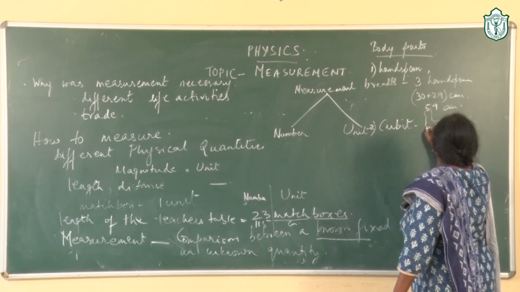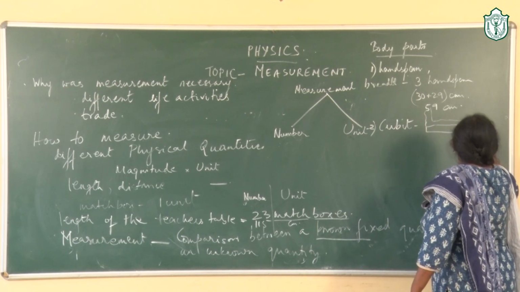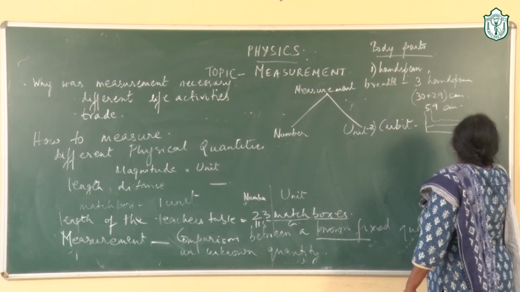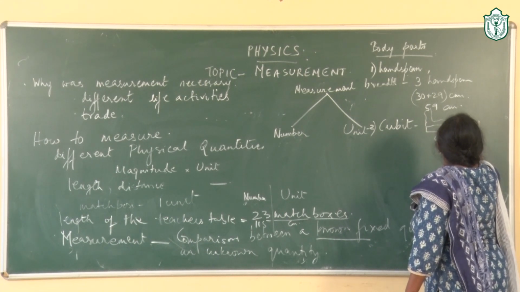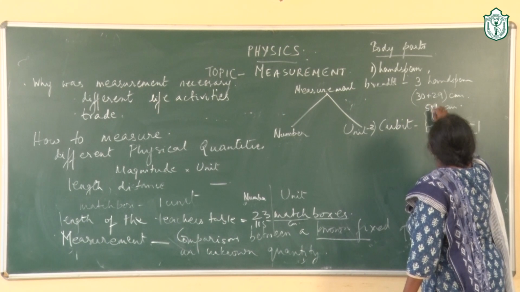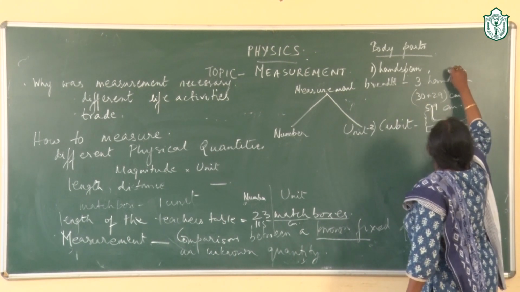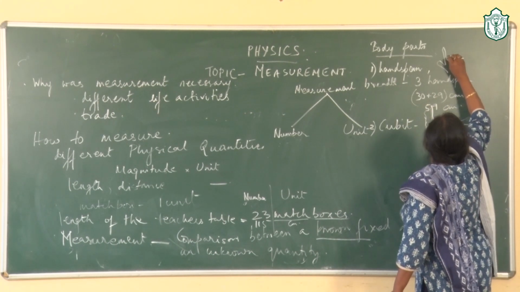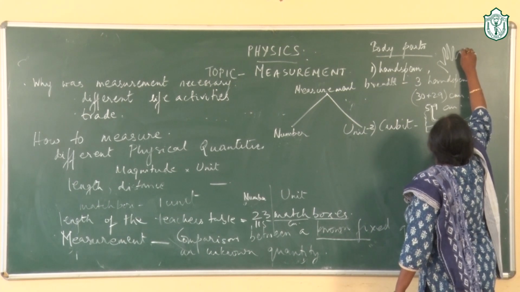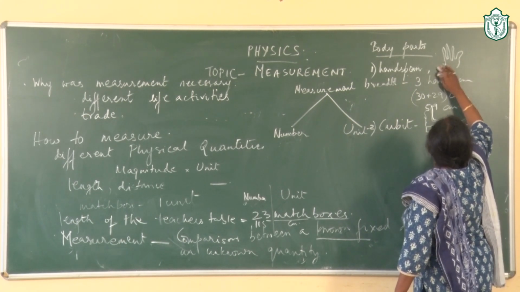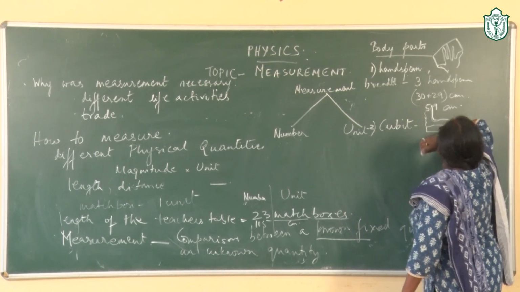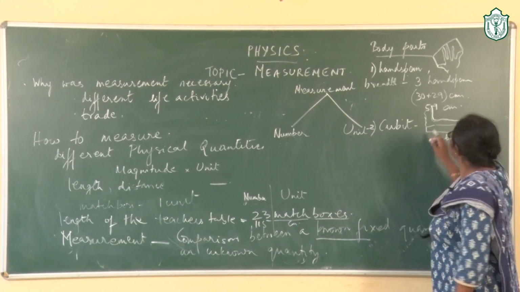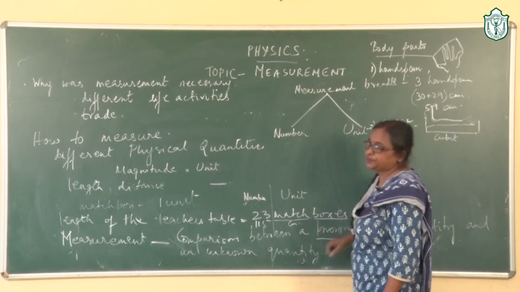This is 1 cubit. A stretched hand from here to here would be one handspan, and this is the cubit.